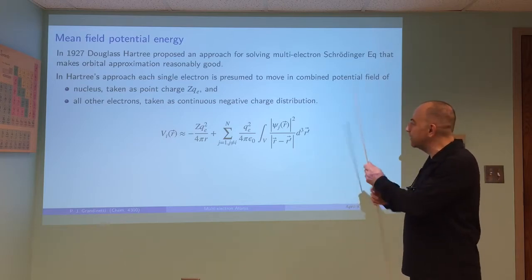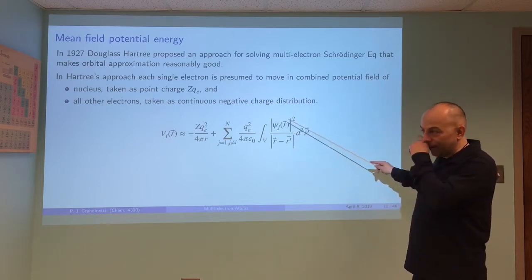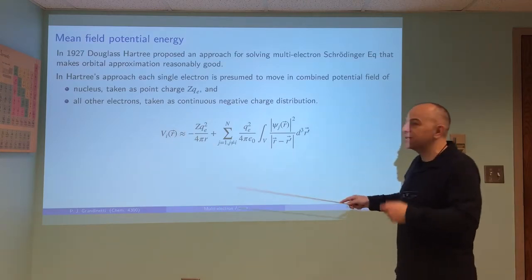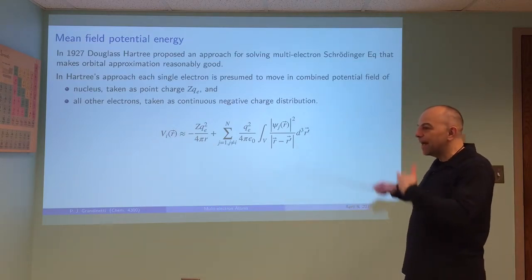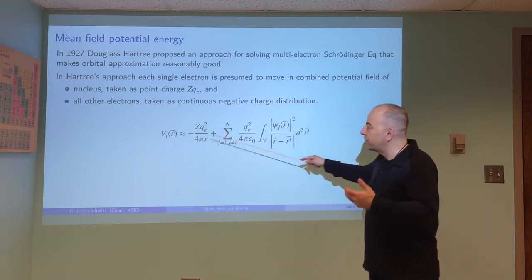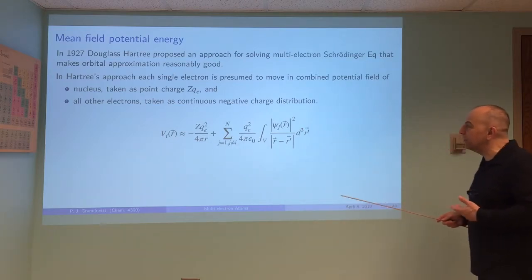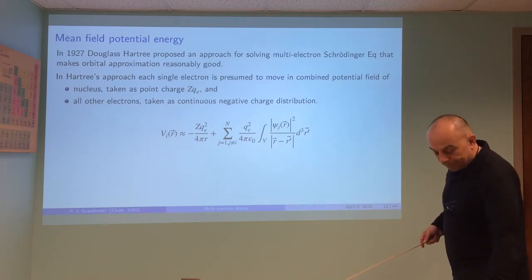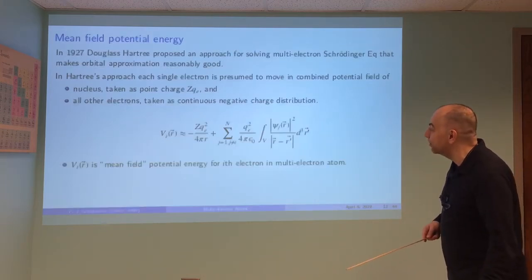Then you go back and do it again using the improved wave functions for all the other electrons, resolve it for the electron of interest, and go through all the electrons, over and over again, and eventually you converge on a mean field that is appropriate and gives you closer and closer to the right answer.